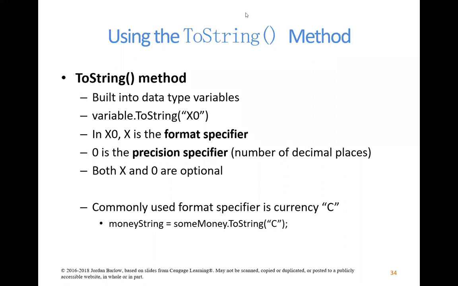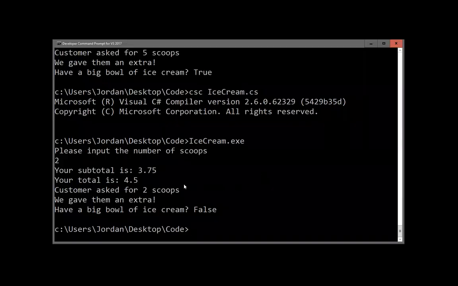You might have noticed last time we ran the ice cream application, it just rounded the 450 to 4.5 because we didn't specify that we wanted the string to be in a certain format. So it just did the simplest format possible.